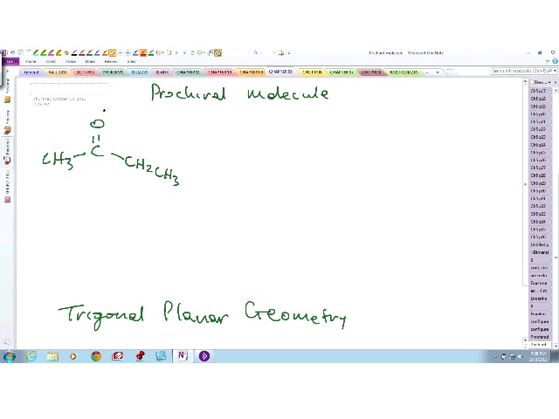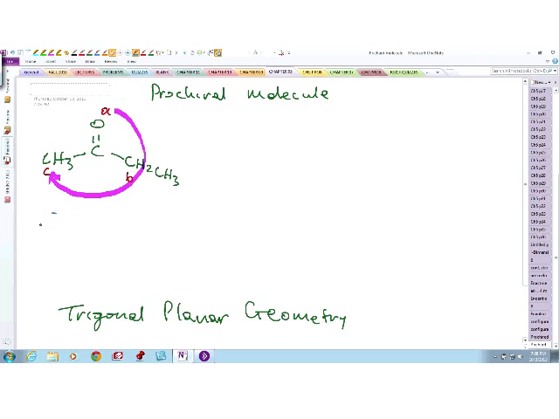This is A, this is B, and this is C. So we move from A to B to C. What kind of motion is that?